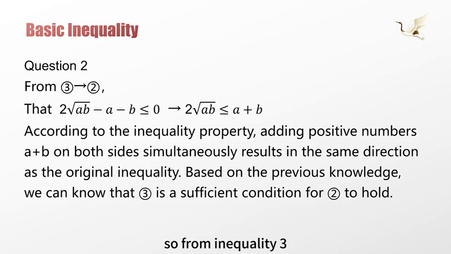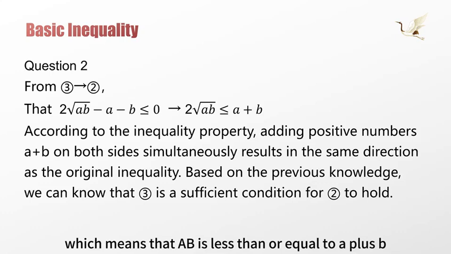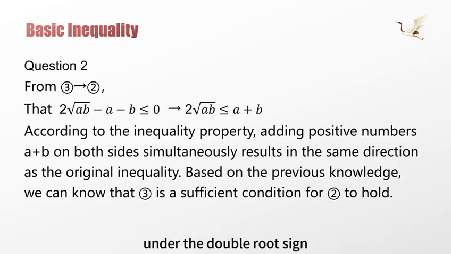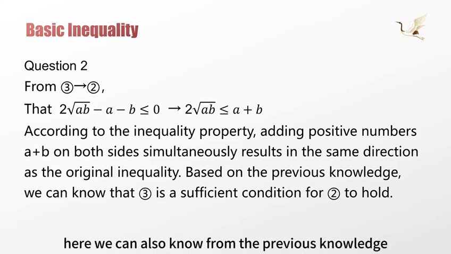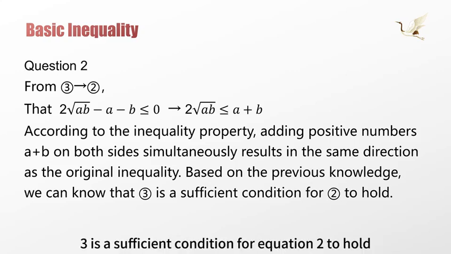So, from inequality 3, we can deduce inequality 2, which means that the double root of ab is less than or equal to a plus b, where ab under the double root is less than or equal to a plus b. Based on the properties of the inequality, we add the positive number a plus b on both sides of the inequality, and the resulting inequality is in the same direction as the original inequality. Here, we can also know from the previous knowledge that inequality 3 is a sufficient condition for inequality 2 to hold.